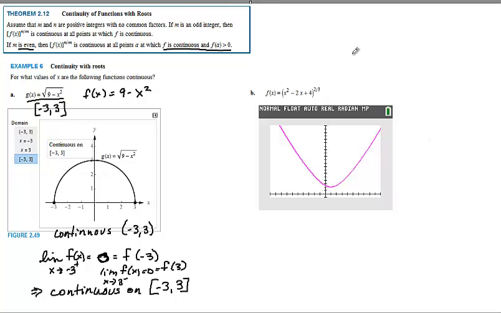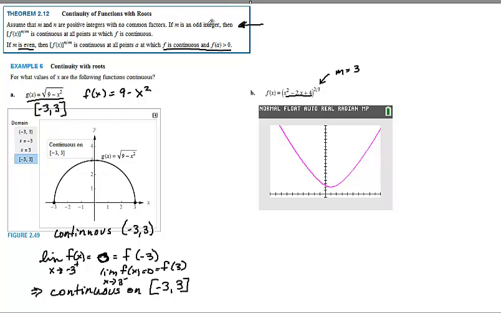On this next example, I have as my inside function x squared minus 2x plus 4, and that's a polynomial function, and I know that that is continuous on its entire domain. My m in this case is 3, so m is odd, so I'm looking at this top portion of the theorem.